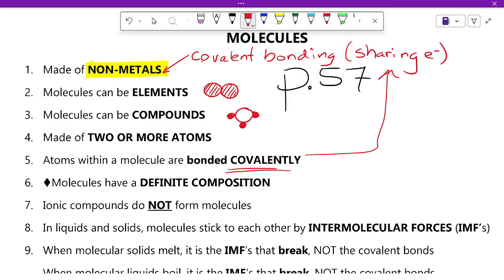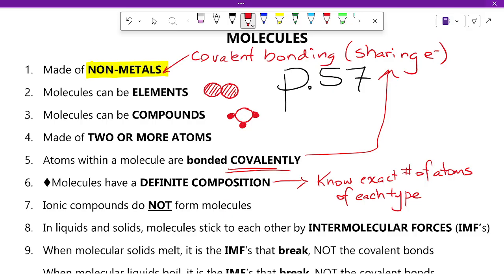A molecule has a definite composition, which means you know the exact number of atoms of each type. Do you know the exact number of atoms in a crystal lattice?